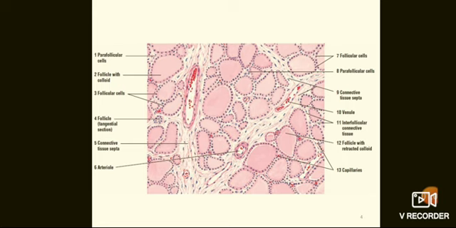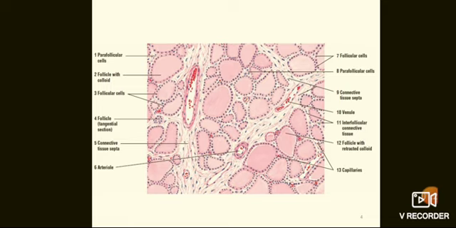The lobule is composed of multiple spherical masses of different size, and these spherical masses are known as thyroid follicles. The size of thyroid follicle is between 0.2 millimeter and 1 millimeter.